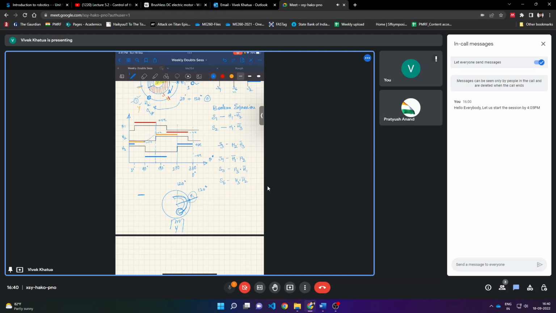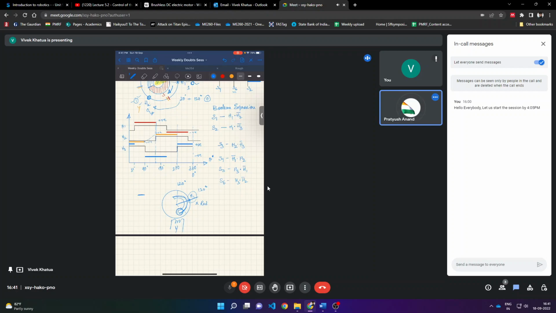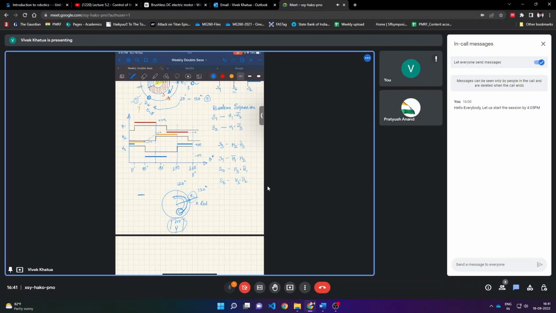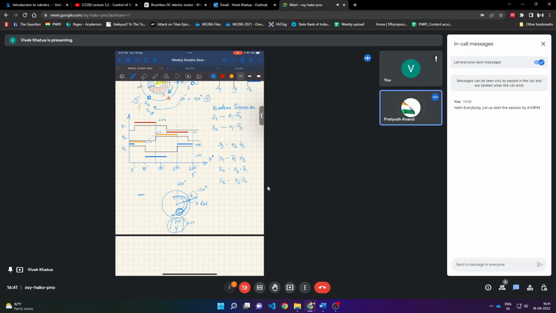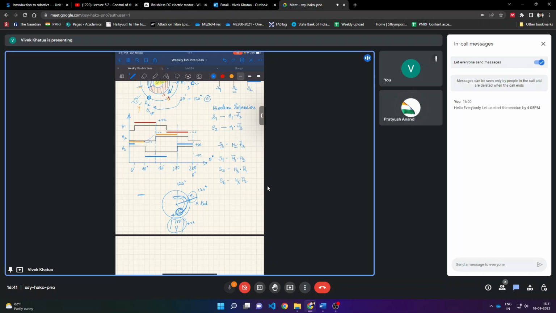I have to switch off red and turn on Y. If I make this positive, it will try to pull this north pole, so this will continue rotation in that way. That is how the switching is going to happen.